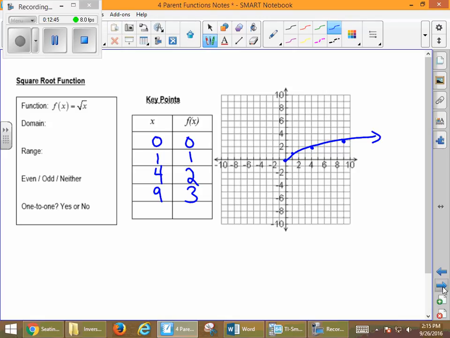Again, on this problem, the domain and or the range are not all real numbers. And we need to look, do we have a starting point on this graph? And it starts at the origin. And it actually starts at 0, and it goes right, which means that our domain is 0 to infinity. X is greater than or equal to 0, if you prefer.